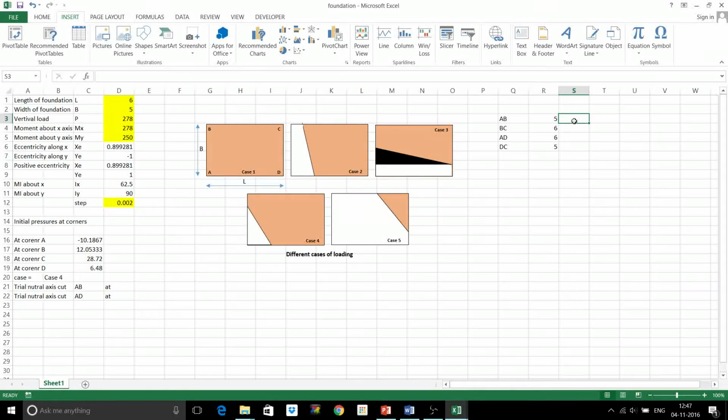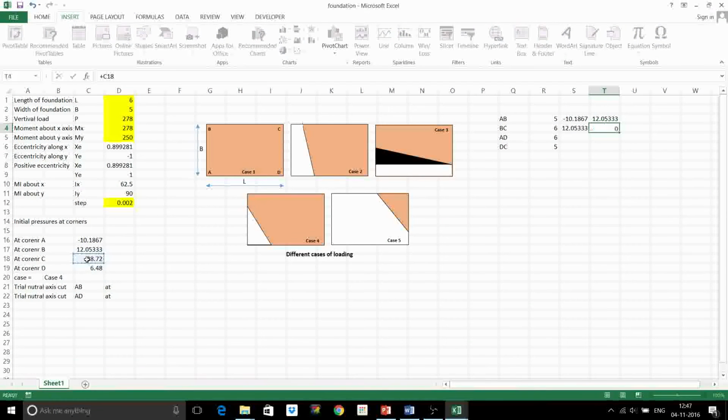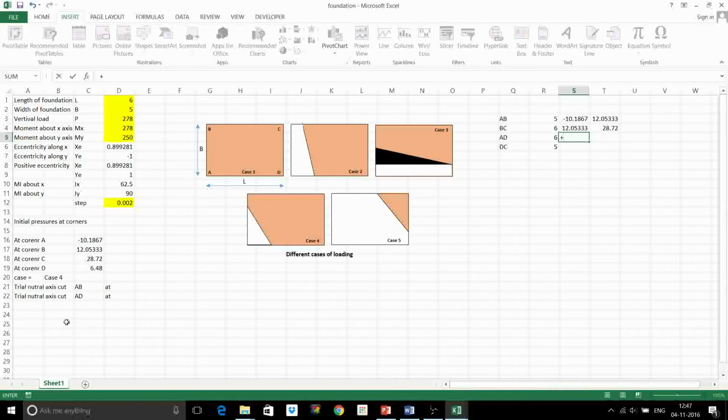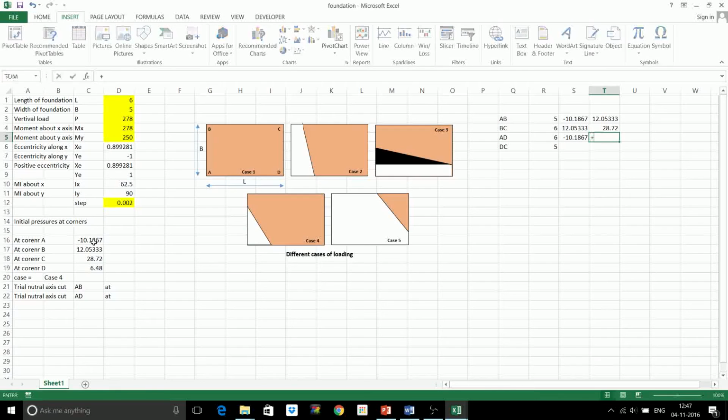Okay. Now the pressure intensities at two ends of these lines. B, B, C, E, D, D, and C.